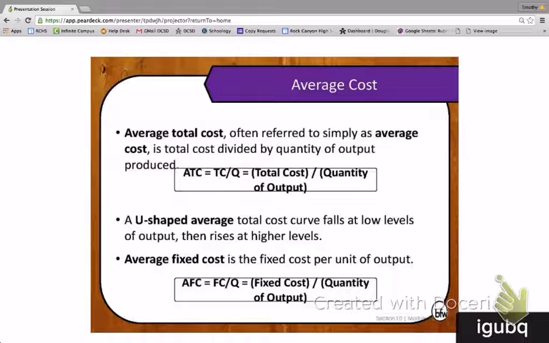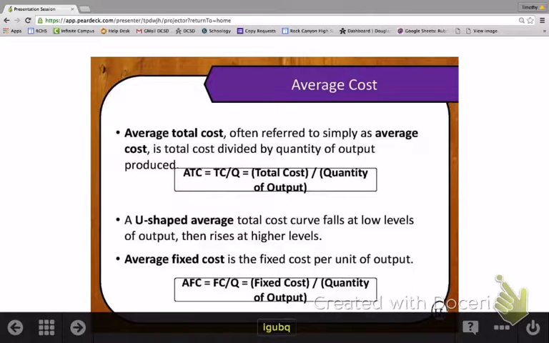So average fixed cost is going to be FC divided by Q, or fixed cost divided by the quantity of output. And you will see that when we graph the average total cost curve, it will be a U-shaped average total cost curve, which will fall at very low levels of output and then rise at higher levels of output.